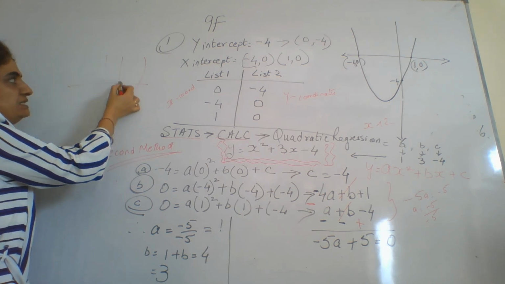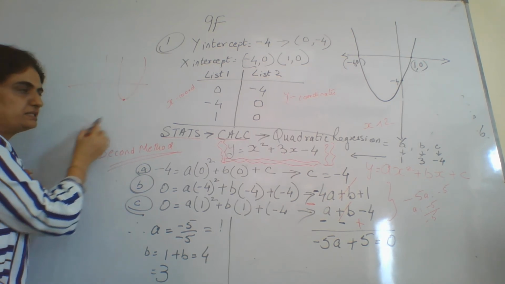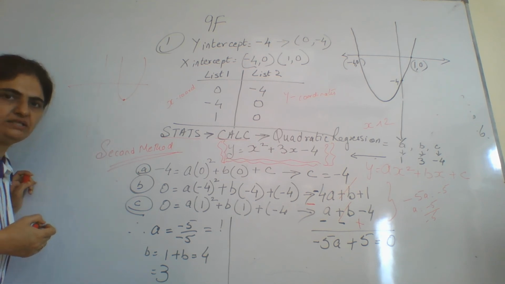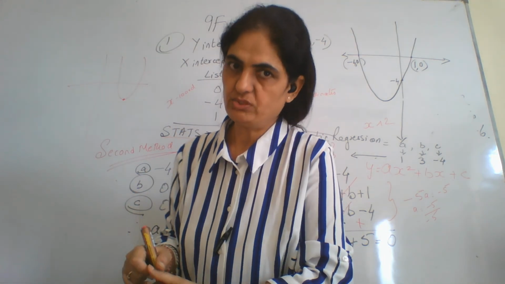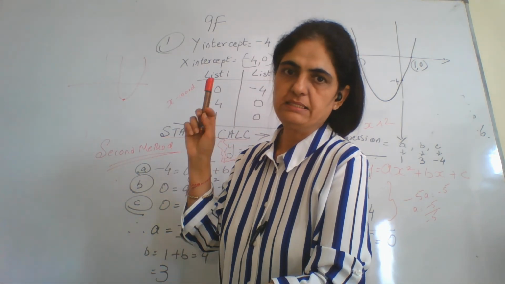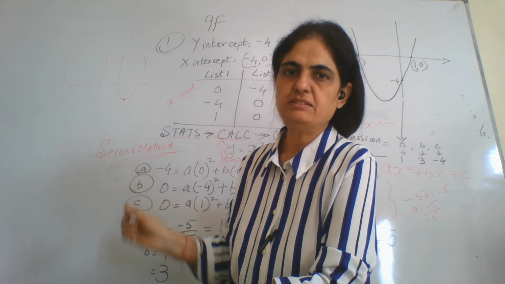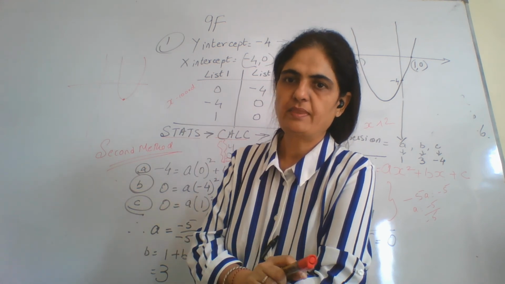Your first and second points will be the x-intercepts, and the third one you can take as the vertex. Got this? Any three points you can take on the graph and make list 1 and list 2. And if you want to do it manually, then this is the procedure.